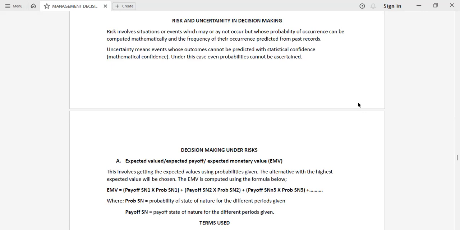Because for those companies, their activities base on chances. In other words, the chances are based on the past records. For example, you may look at sports betting.